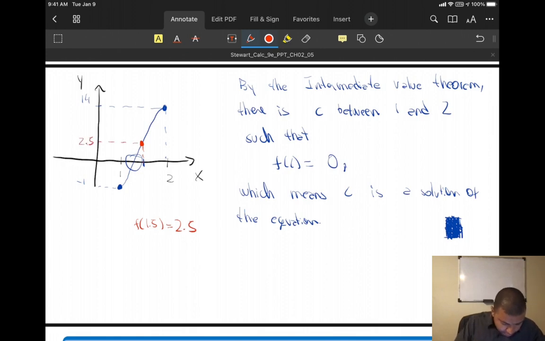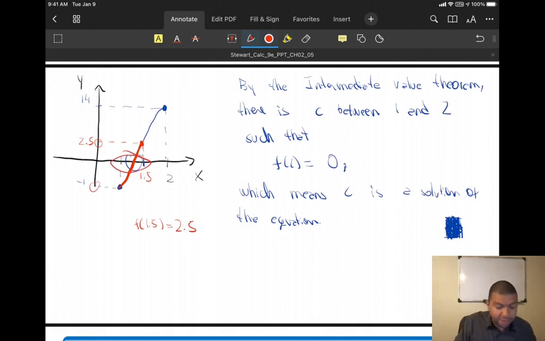So look, between 1.5 and 2, I have two positive numbers, so there's no guarantee that this crosses the x-axis. However, between 1 and 1.5, I have one negative number and one positive number, so it's forced to happen that way. All of a sudden, I had a tolerance, a possible error, of 1. Now I have a 0.5 possible error, and I can keep doing that.